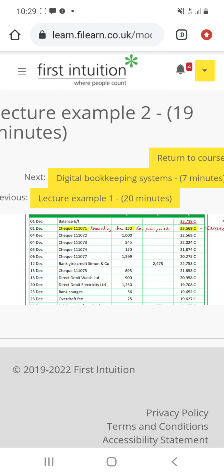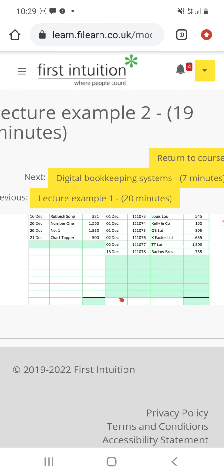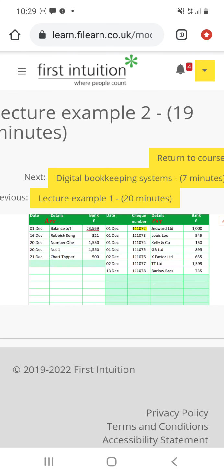Having now effectively agreed the opening balance, because we've sorted out that opening reconciling item, I can then look to tie up the receipts. Remember, to tie up the receipts, I'm running down the receipts in my cash book and asking, can I find these on the bank statement?